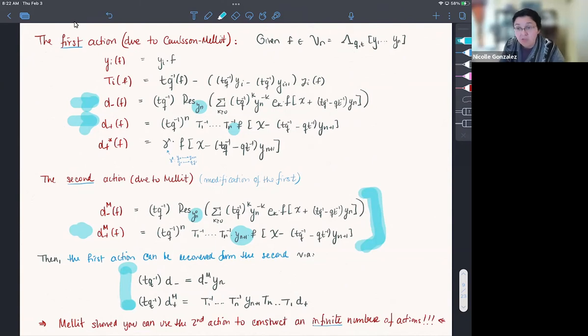And each of these new actions is indexed by essentially a lattice point of pairs that are co-prime, right? And this is where you end up getting this elliptic Hall algebra showing up that I mentioned at the beginning, right? And so moral of the story, from this very important action, you can generate an infinite number of them, which is amazing.